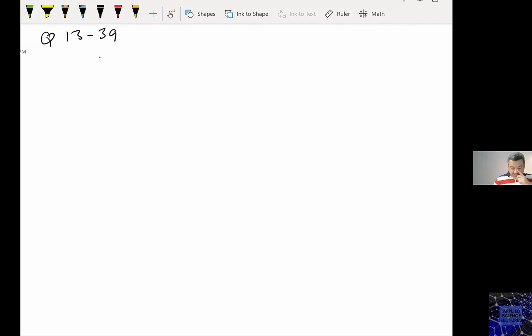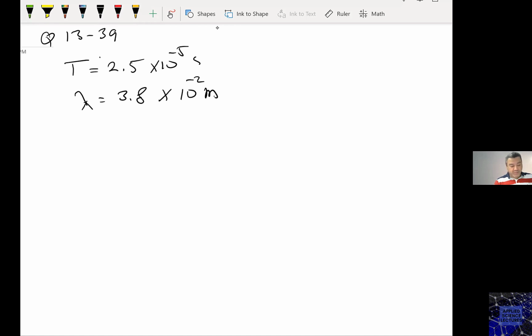Okay, so in this case, what do we know? We know that the period is 2.5 times 10 to the power minus 5 seconds. We know that lambda is 3.8 times 10 to the power minus 2 meter, and the time of the pulse is 9.6 times 10 to the power minus 2 seconds.